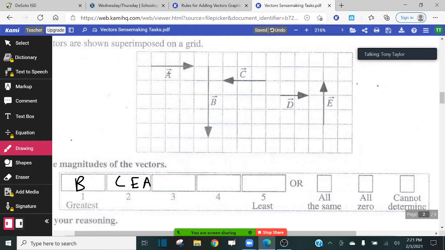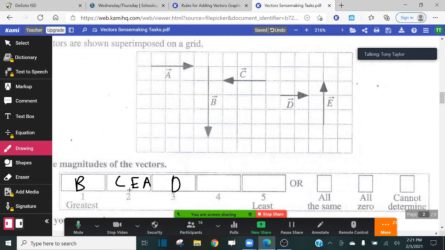Because those are all 3 units. And then lastly, D is 2 units. So because C, E, and A are all tied, I'm putting them in the same box to show that they're tied. So B is your greatest, then C, E, and A, and then D has your smallest magnitude.